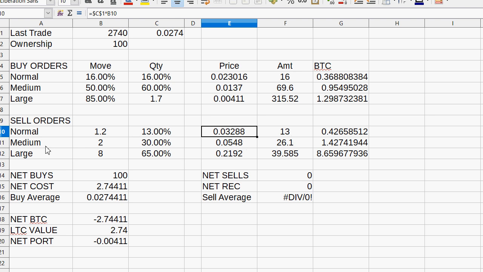And if it's a medium move, so that means the price, say, doubles, double the price of 274, we can see as 0.0548, sell 30% of what I have remaining. So in this case, if the market doubles, I would be selling about 39.1% of what I have.